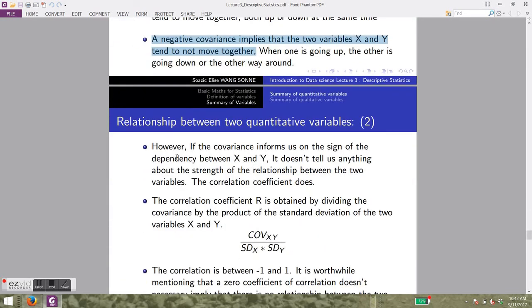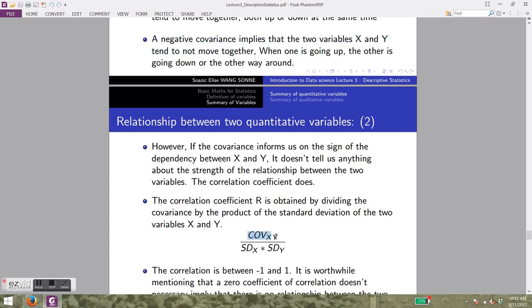So here the covariance only informs us on the sign of the dependency between x and y. It doesn't tell us anything about the strength of the relationship between the two variables, but the correlation coefficient does. The correlation coefficient is obtained by dividing the covariance by the product of the standard deviations of the two variables.